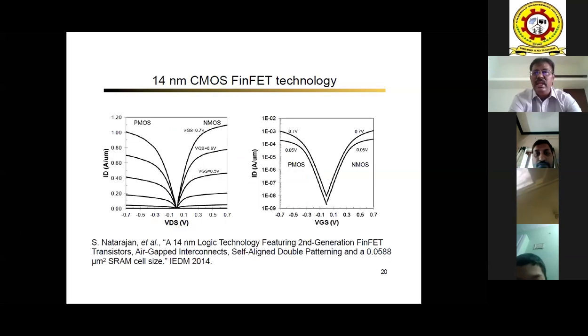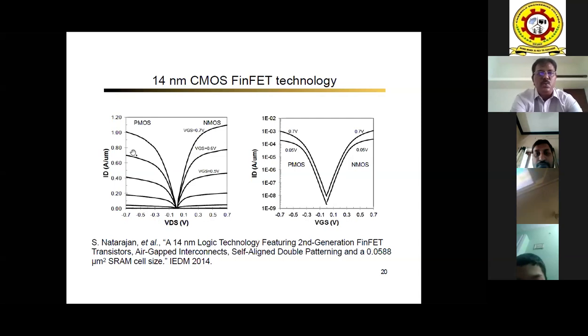The conventional 14 nanometer FinFET technology output results are shown here from some researchers. Dr. G is one, an Indian as well. So we can see the 14 nanometer CMOS FinFET technology output with respect to VDS as well as drain current for both, because it looks like a replica, isn't it?